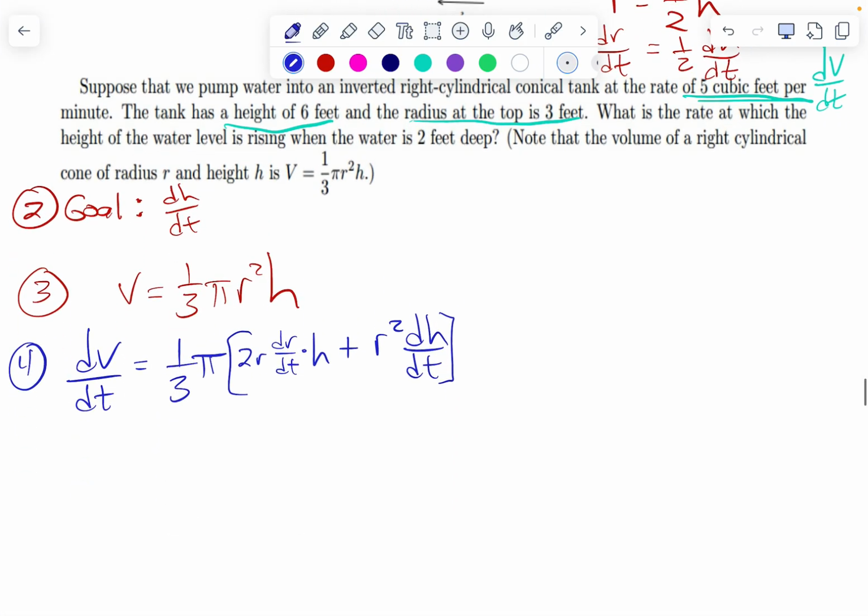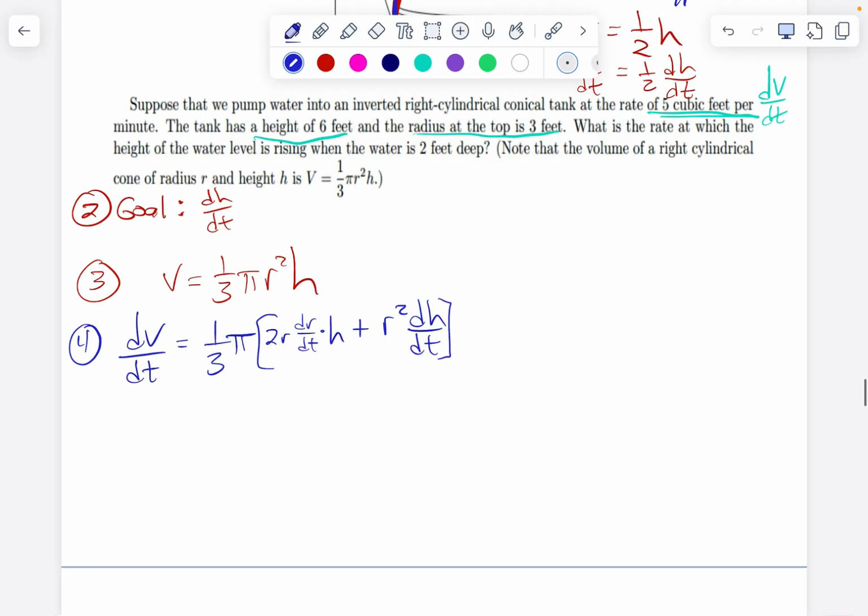So let's go plug all our stuff in. Actually, you can plug it in here, or you can rearrange first and then plug in. Which do you guys like to do? Rearrange. I personally would plug in. Remember we said along the way, plug in as soon as possible. dV/dt said it was 5.